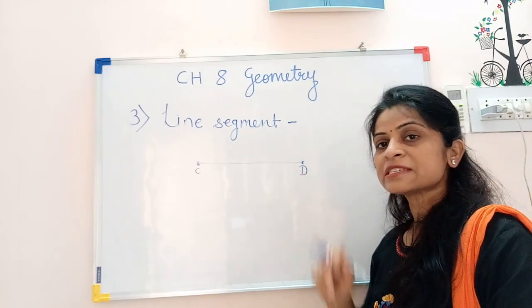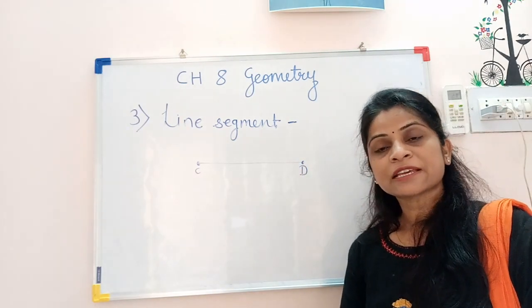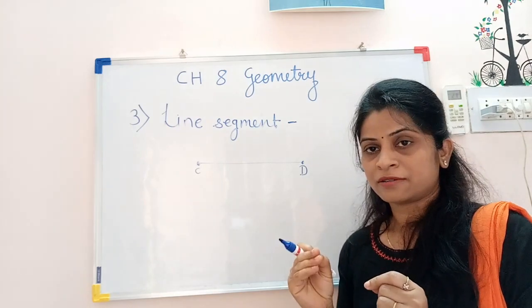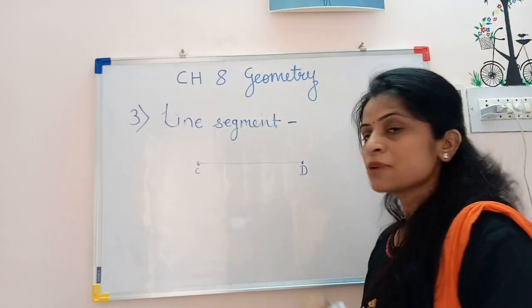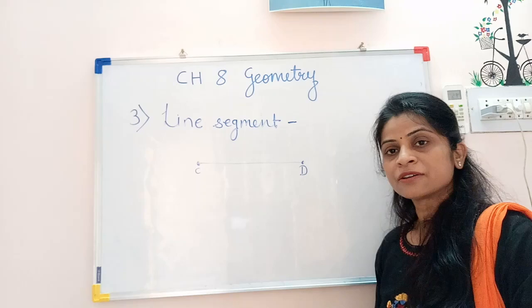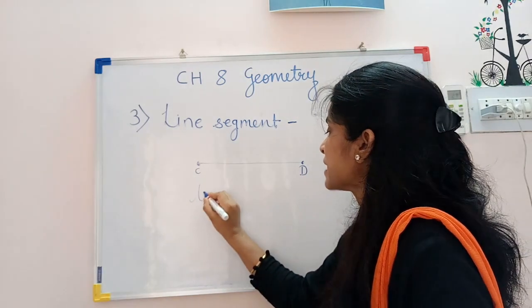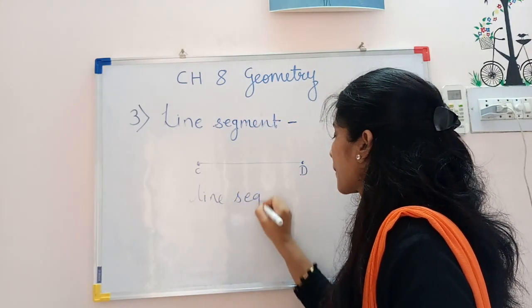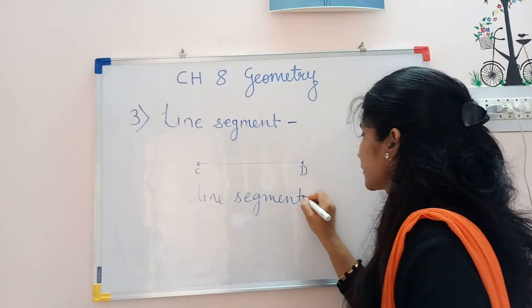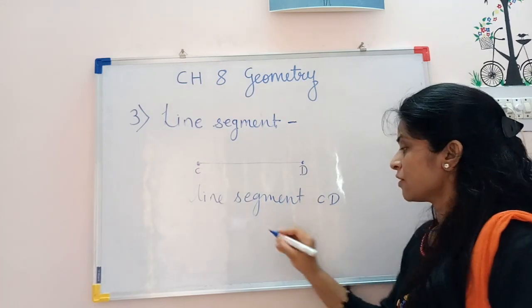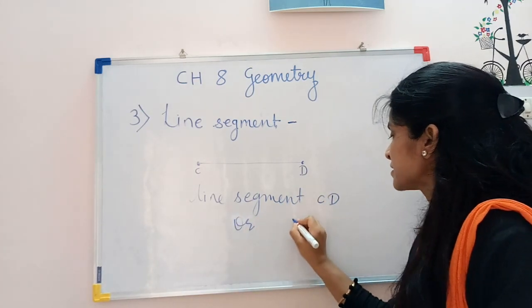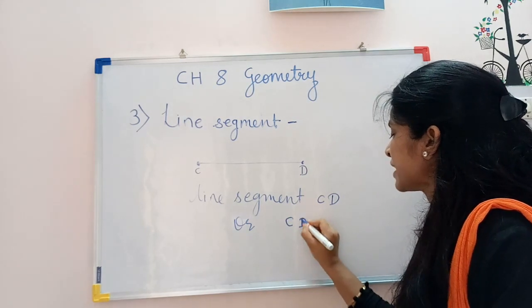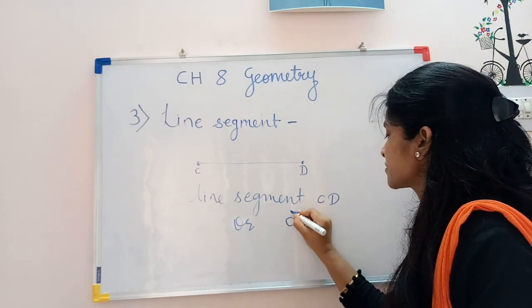We can measure this line segment by using a ruler. And how to write this and how to read this? We have to read this as line segment CD, or we can write it as CD with the line segment symbol on it.